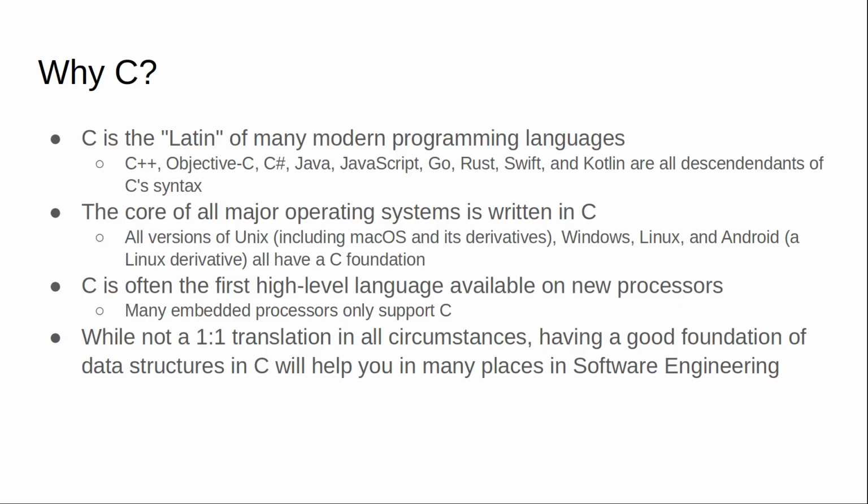The core of all major operating systems these days is also written in C. All versions of Unix, including Mac OS, Windows, Linux, Android, which is a Linux derivative, they're all C at the core. What's called the kernel of those systems is all written in C. So if you ever get into operating systems or find yourself interacting with the kernel of those systems, you're going to be looking at using C to do that.